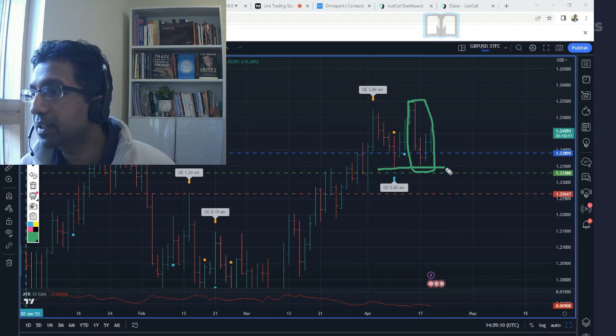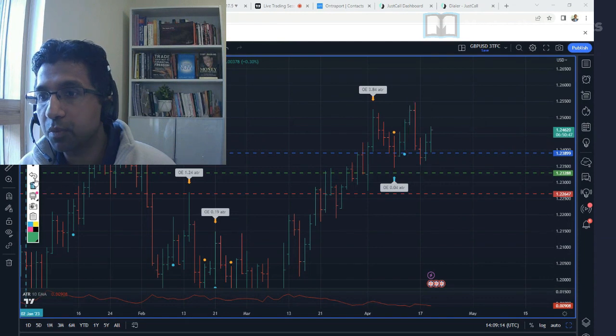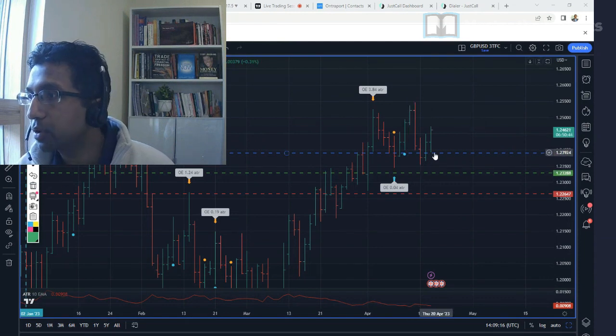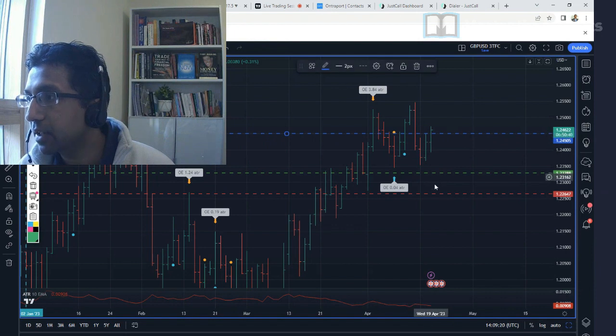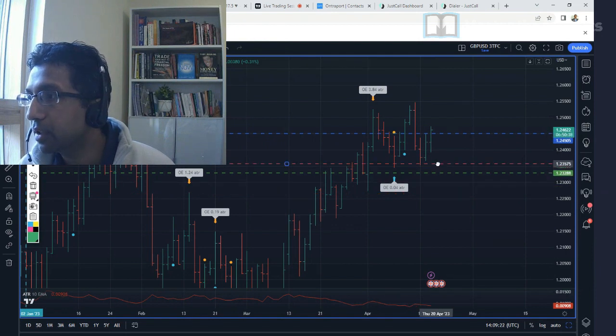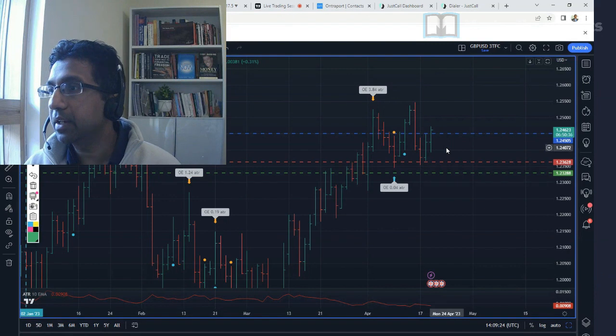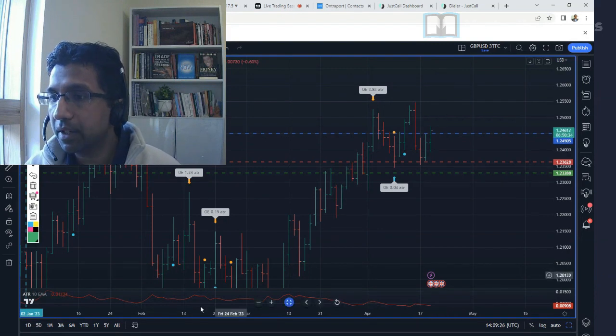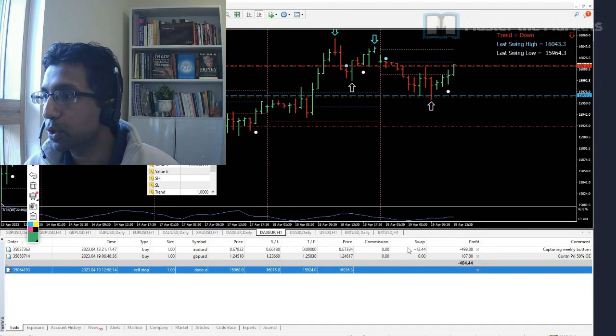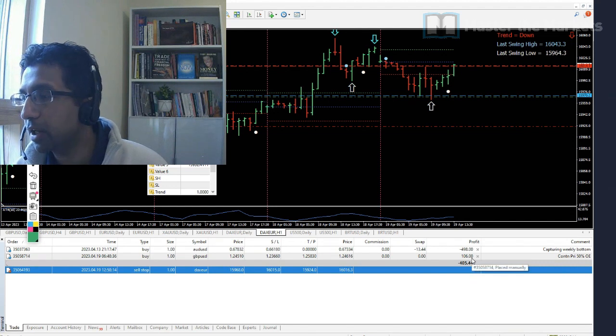Continuation pattern in the sense that it's going to hold that bottom and then go upwards much further. So that's all we did today. Basically, it's the entry on the high of that bar as of yesterday and the stop loss at the low of that bar. So that's what we had over here, and that's how we are running the positions over here. Currently just a little bit up, over 108.